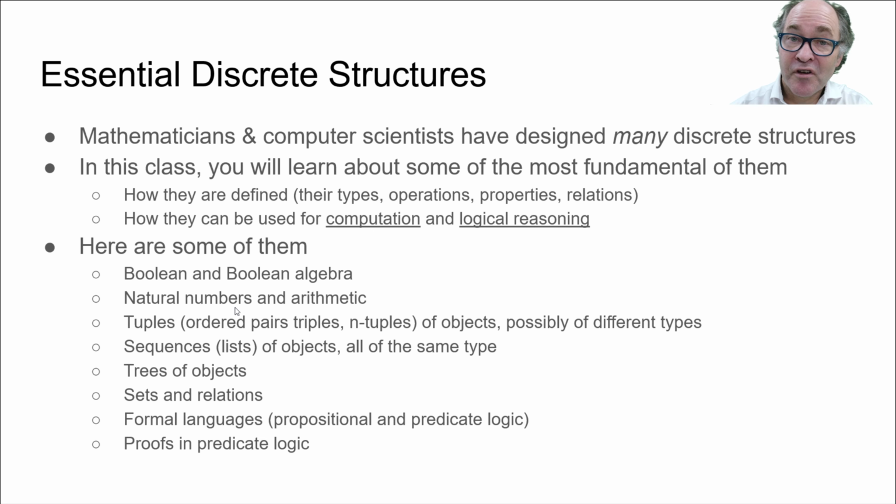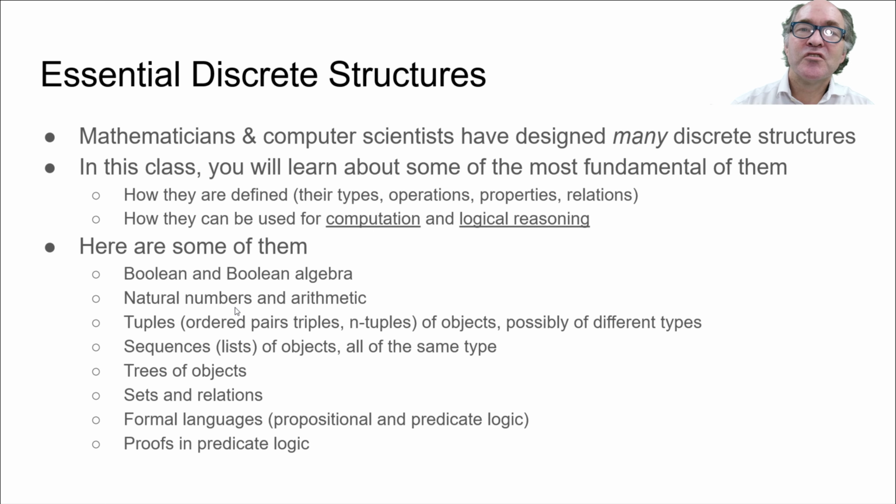You'll understand how they're defined in a completely precise way, and how these definitions can be used both for automated computation and for semi-automated, sometimes necessarily human-assisted, logical reasoning. I'm distinguishing here between automated computation and logical reasoning that might require human involvement, in particular to construct proofs of propositions, which is where we're headed over the longer period of this class.